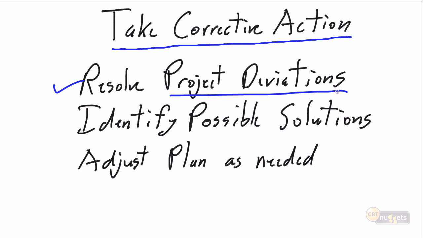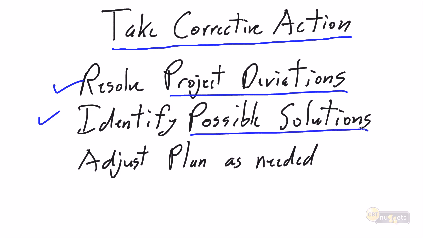Talk to the team. Why did we have this variance? What's wrong? Is it bad estimates? Is it inadequate tools? Is it inadequate access to the subject matter experts? Is it learning curve?